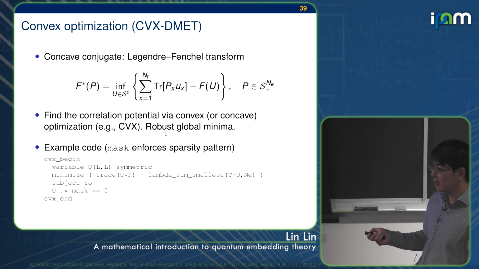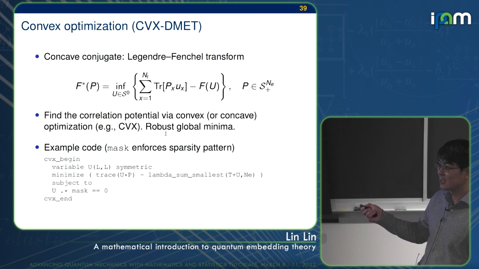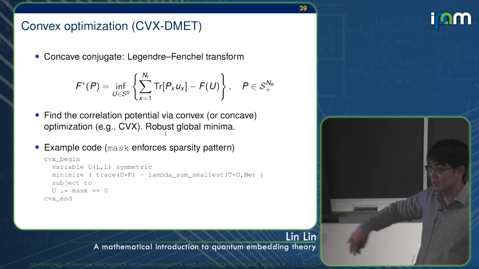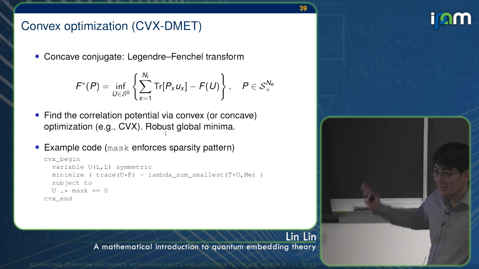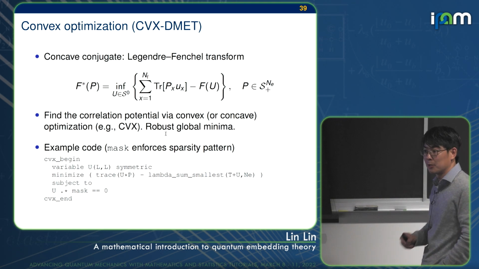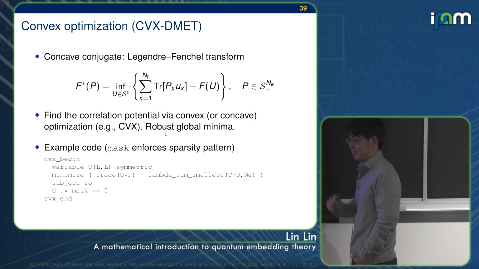You write CVX begin, you set the variable as real symmetric or Hermitian, and minimize U times P minus lambda sum smallest, meaning the sum over the smallest eigenvalues of T plus U, subject to U dot mask equals 0. Mask gives you the sparsity pattern. That's it. This is the code. And it will find the correlation potential with no local minima.